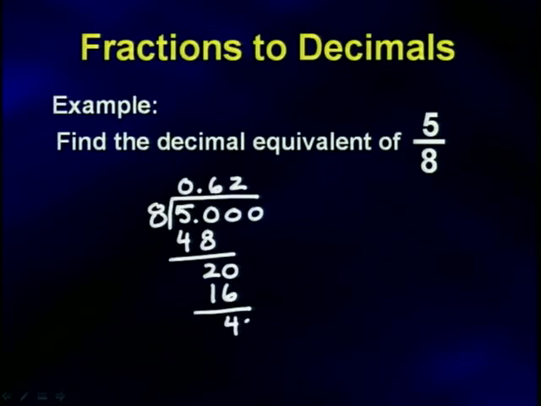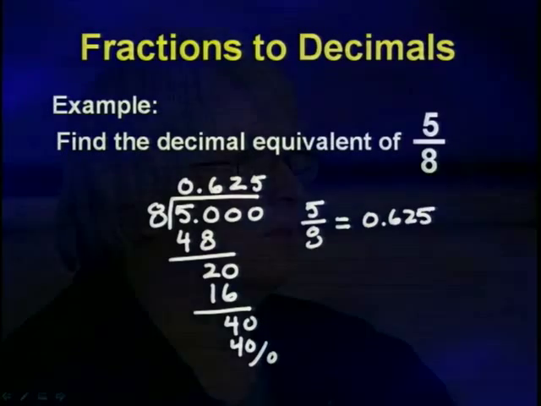Bring down a 0. 8 goes into 40 5 times, with a 0 remainder. So 5/8 would be the same as 0.625 or 625 thousandths. Good.